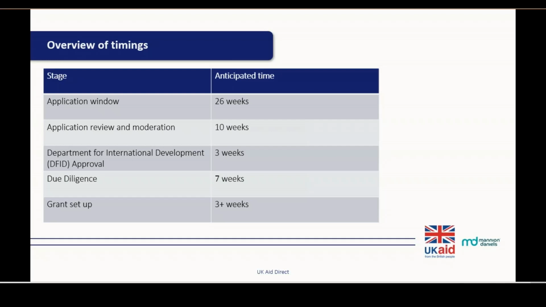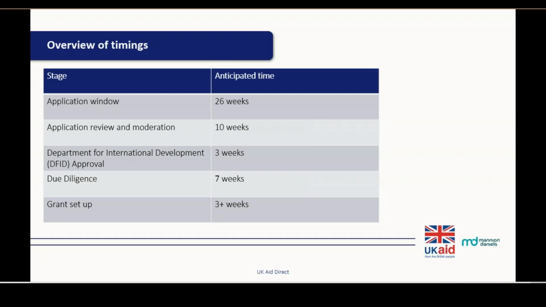Once applicants have been notified, if they are successful, they will be contacted by our fiduciary risk team, who will start the due diligence process, and this takes upwards of 7 weeks. Once the reports have been received and signed off by DFID, only at that point can applicants go into grant setup, and you'll be assigned your own performance and risk manager, who will be with you throughout the lifetime of your grant.